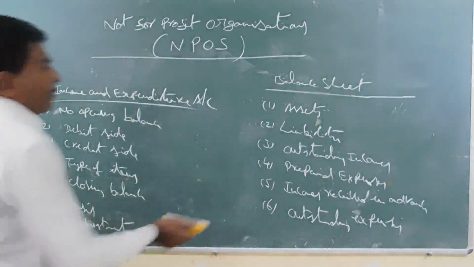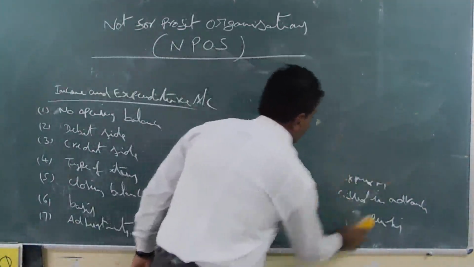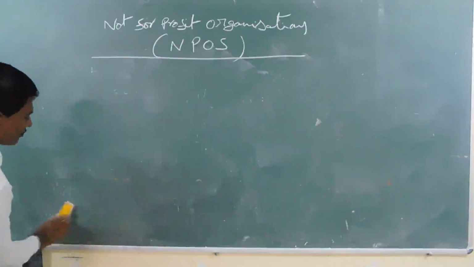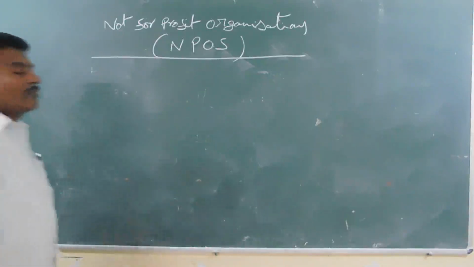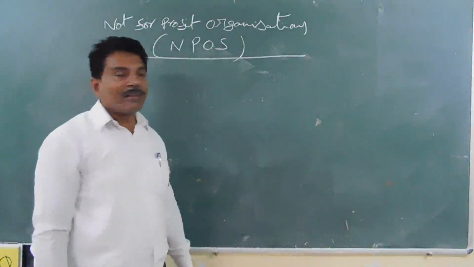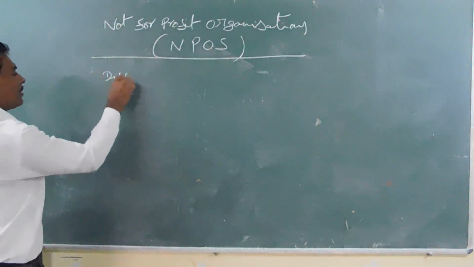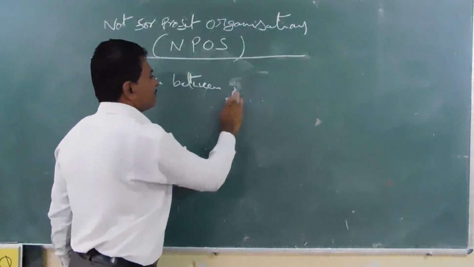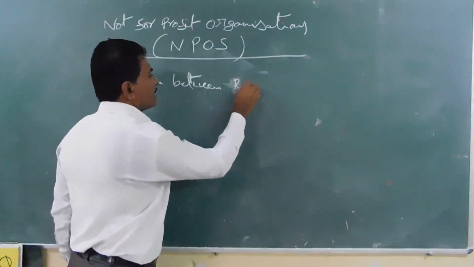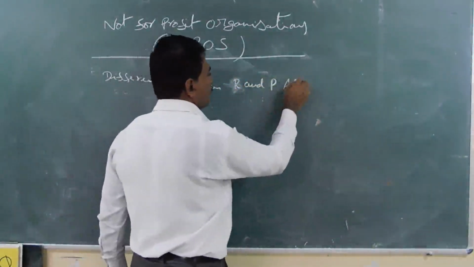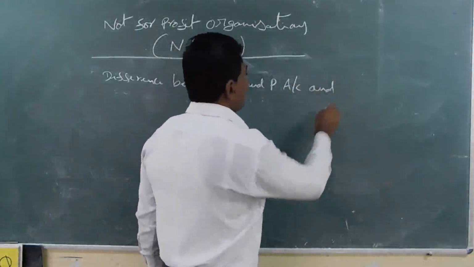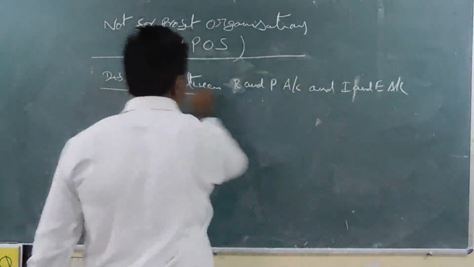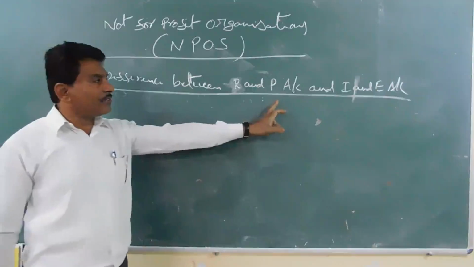Now, let us look at the difference between receipts and payments account and income and expenditure account.